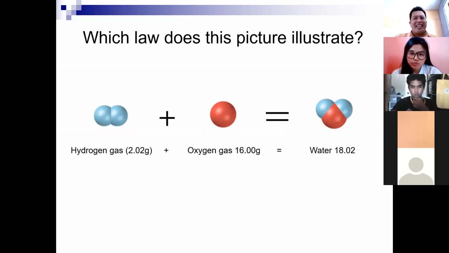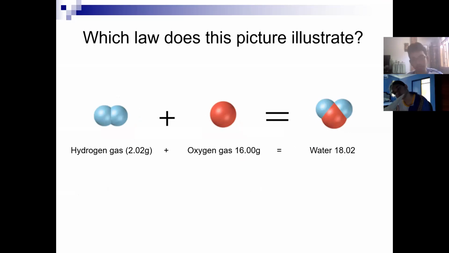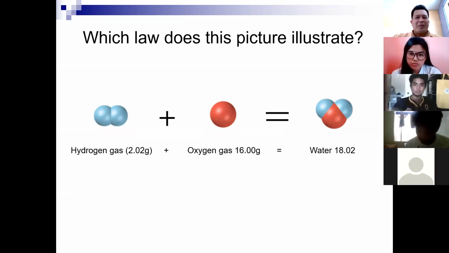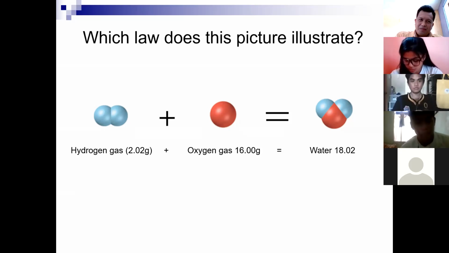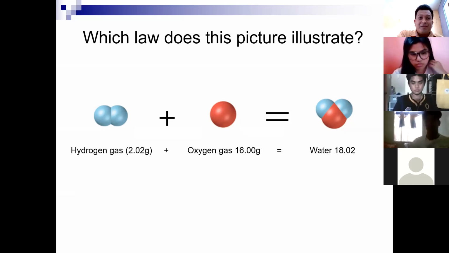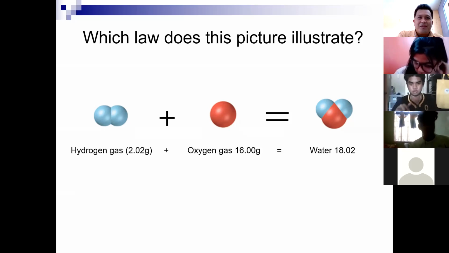Allen and Edson have already answered. Let me ask a girl this time. Alona, what do you think this law signifies? Law of definite proportion?